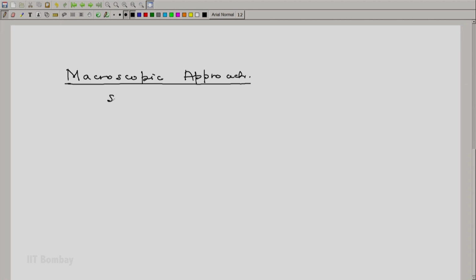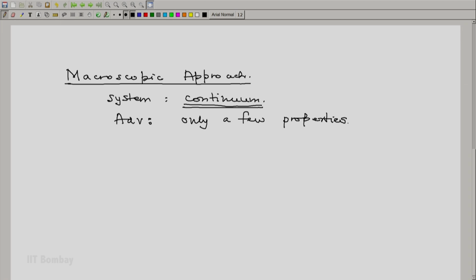Here we will consider each system to be a continuum, and the advantage of considering each system to be a continuum is that we need to have only a few properties, sometimes as few as 2 or 3, sometimes perhaps as many as a dozen, but never more than a reasonably small number.